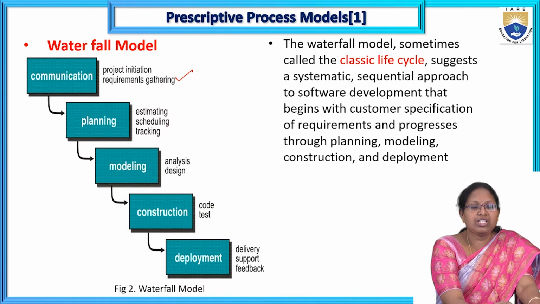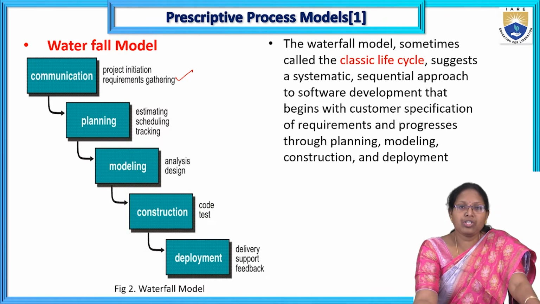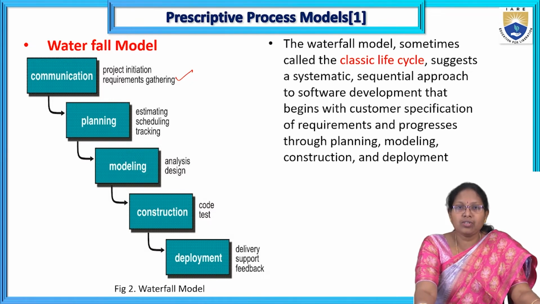Planning is estimation and scheduling. It may be development time estimation, cost estimation, or resources estimation. All those things are in project planning. For the entire project, once planning is over, then we go to the next phase, modeling. In modeling, particularly analysis and design take place.